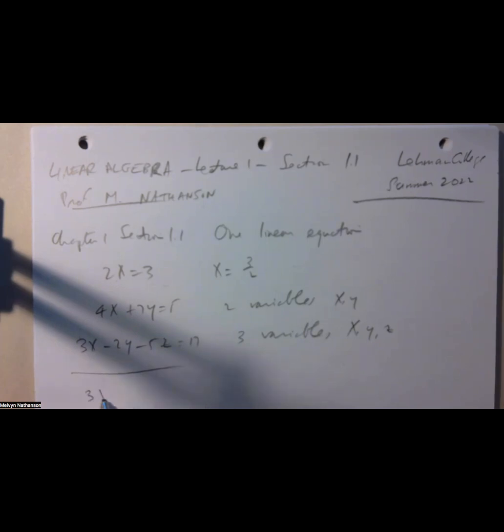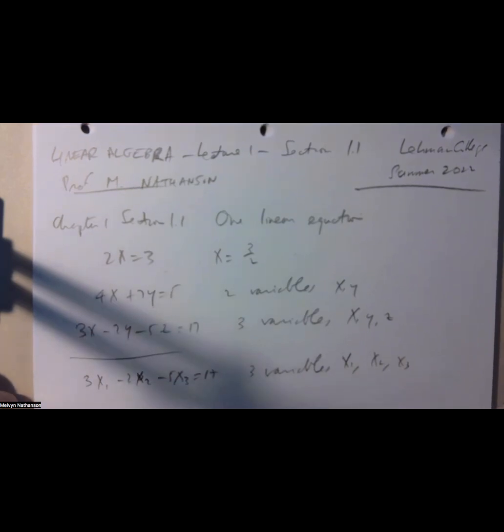I could write 3x1 minus 2x2 minus 5x3 equals 17. And here, my three variables are x1, x2, x3. You can use any letters you like for variables. X, Y, Z, U, V, W makes no difference whatsoever.